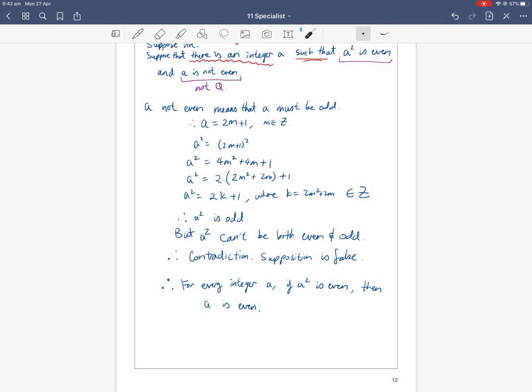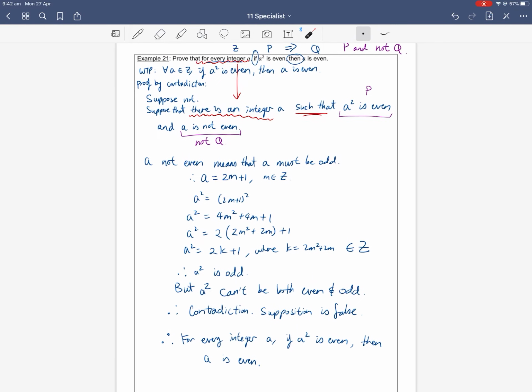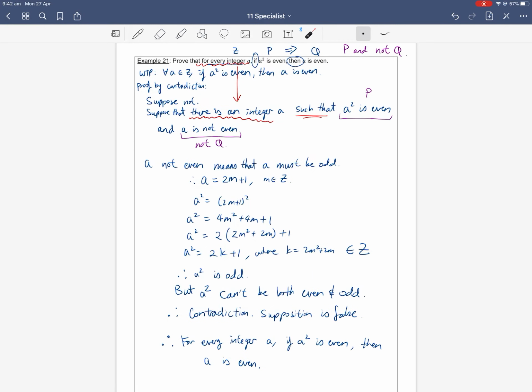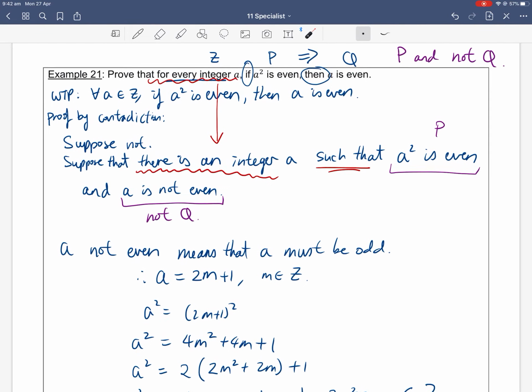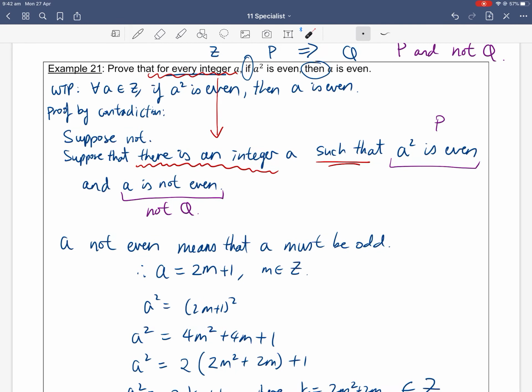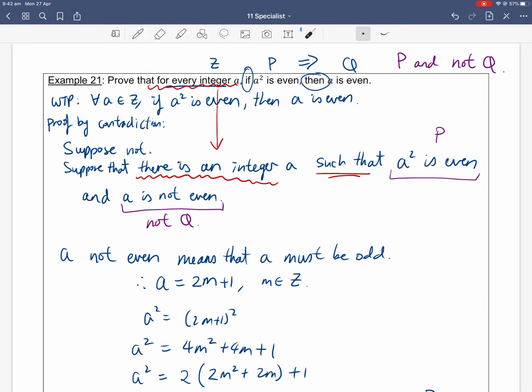So let's recap that again, okay? We're trying to use proof by contradiction. Usually we use proof by contradiction with if-then statements. So if P, we're trying to show if P happens, then Q happens. That's our goal. The idea of proof by contradiction is, suppose the opposite is true.